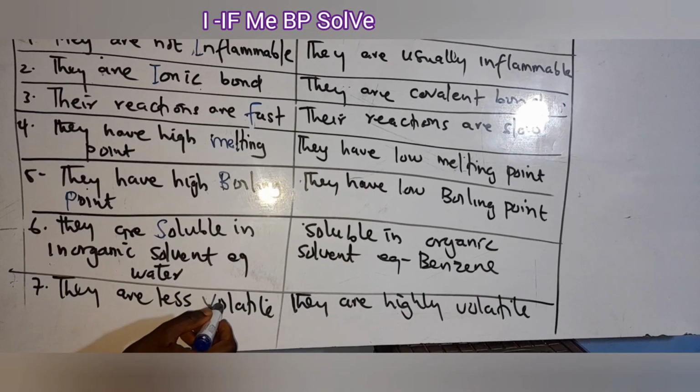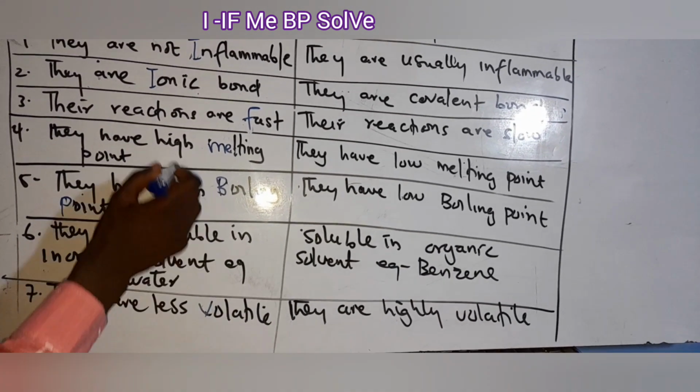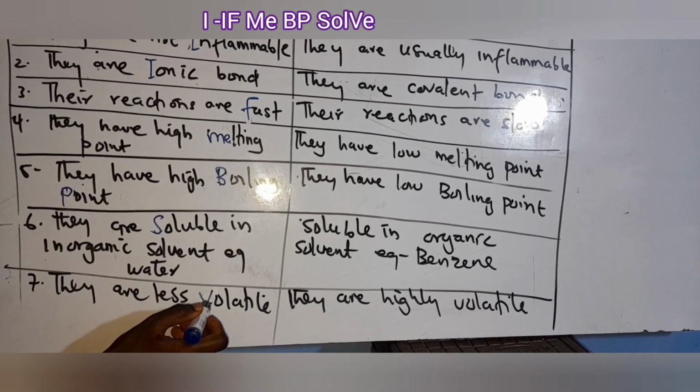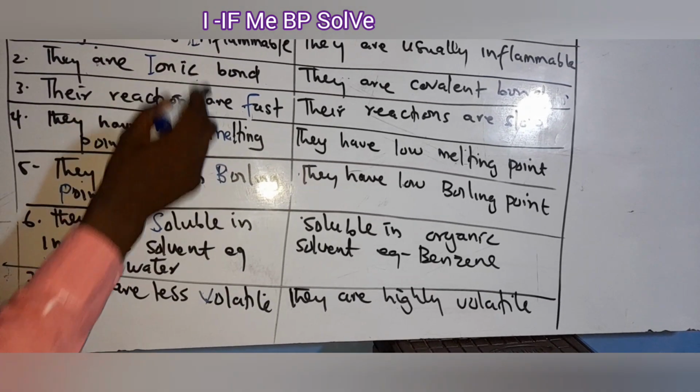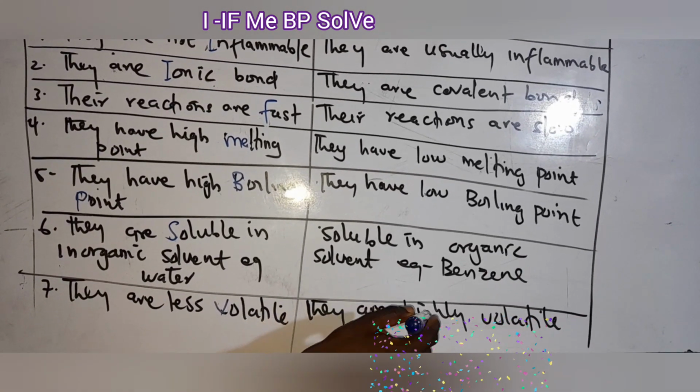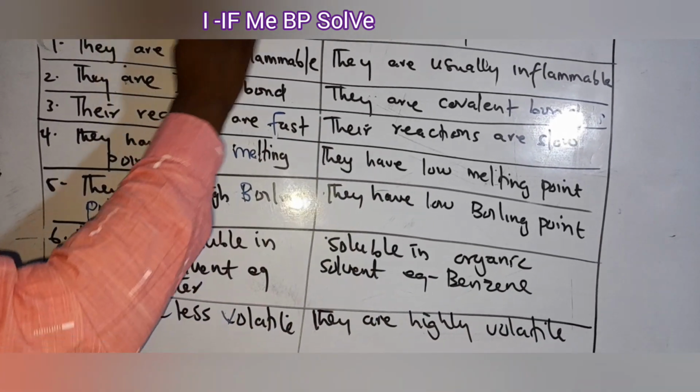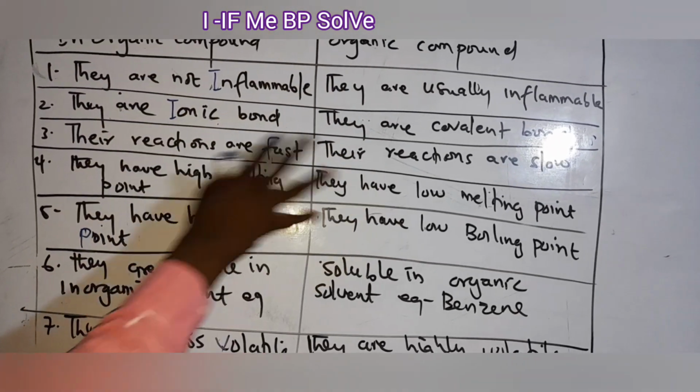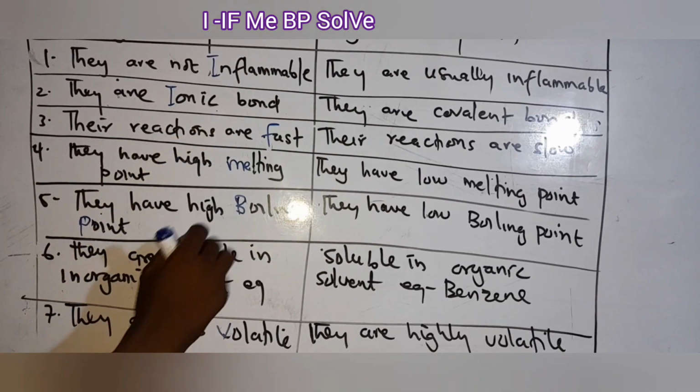Then the volatility: everything is high except volatility, so inorganic compounds are less volatile, whilst organic compounds are highly volatile. If you remember this mnemonic, you will at least be able to differentiate between inorganic and organic compounds.